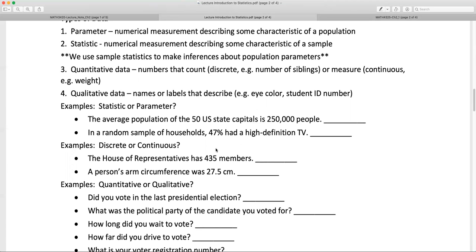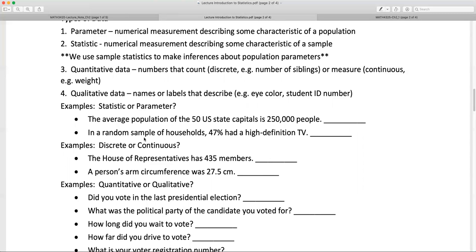Population of what? The 50 US state capitals. We've figured out the average population of all the state capitals, so it should be a parameter.